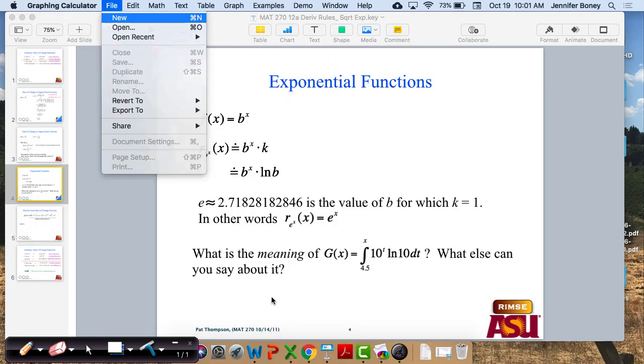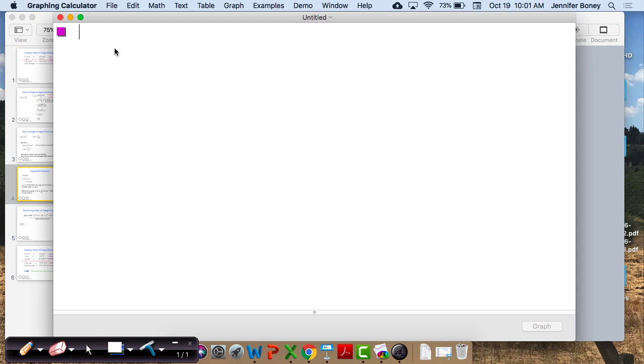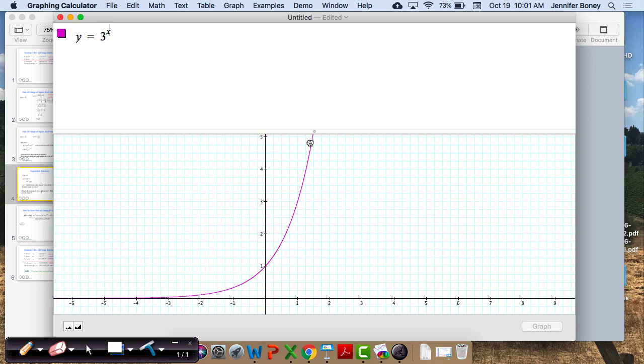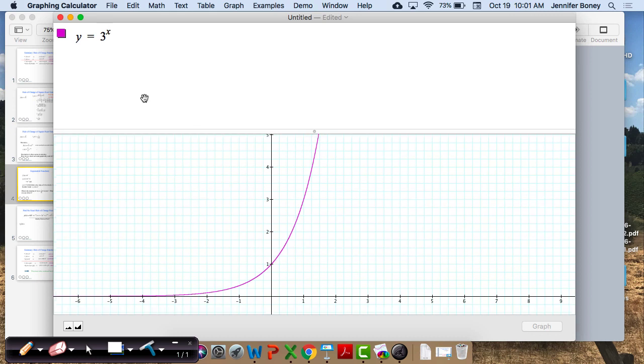So if I look at y equals 3 to the x power, I know that this graph is flat on the left, has a horizontal asymptote, that's the x-axis. The more negative x becomes, the closer this becomes to 0. It's a fraction 1 over 3 to larger and larger powers. So if I look to the right, it grows quickly because as x increases, 3 to the second power is already 9, which is off this graph, 3 cubed, 27, and so forth.